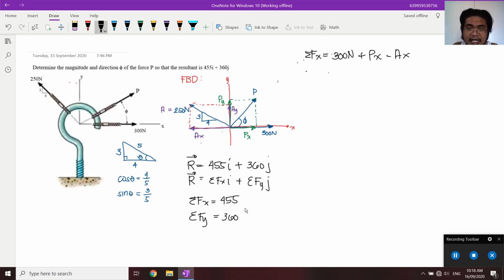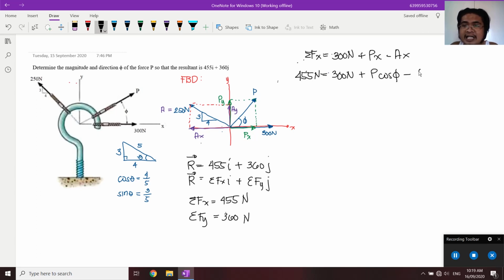Binigay naman sa atin, mas madali nga ngayon compared dun sa mga nakaraan natin example. So, sa F of x natin, 455 is equal to 300 newtons plus, ang P sub x natin, guys, nandito. Tapos ito yung angle natin na phi, hindi natin alam. So, payag kayo na yun ay P cosine phi.